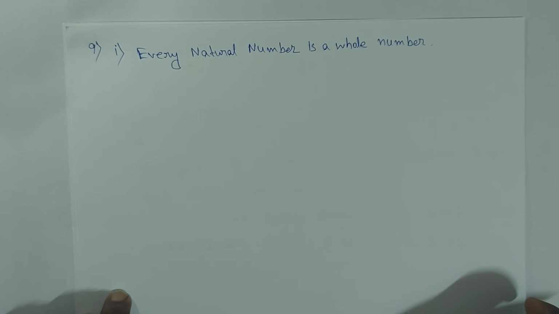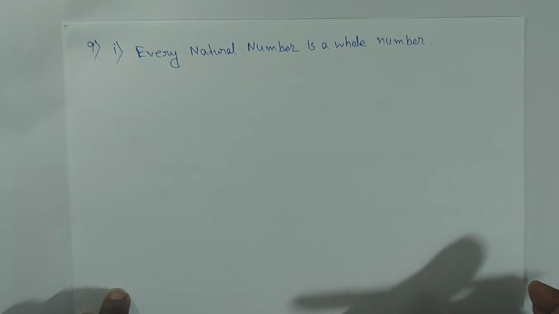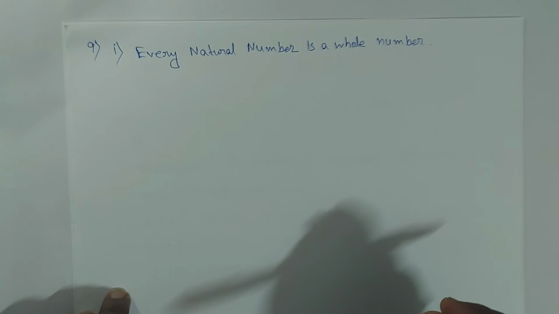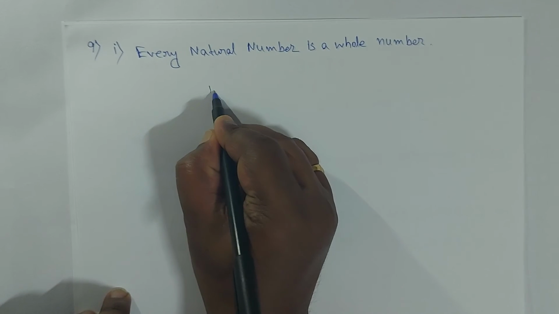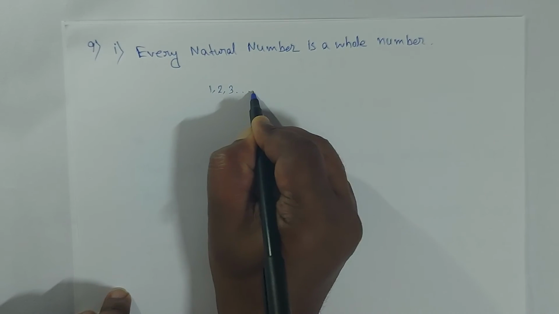Now, every natural number is a whole number. Is this true or false? Natural numbers start with 1, all counting numbers are natural numbers.